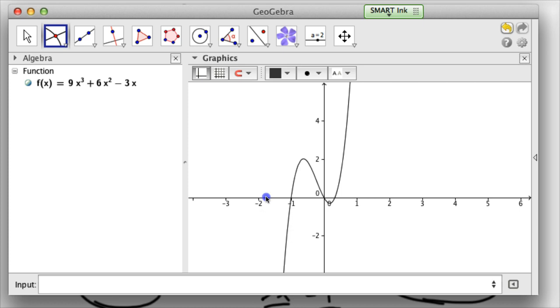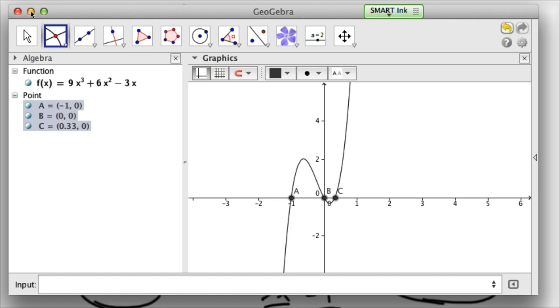I'll click on my x-axis, click on my function, and notice you got 0, 0, you got -1, 0, and you got 0.33. I've got it set on rounding to the hundredths place. It would actually be 0.3 repeating. And so there it shows you your 3 zeros, or your x-intercepts.